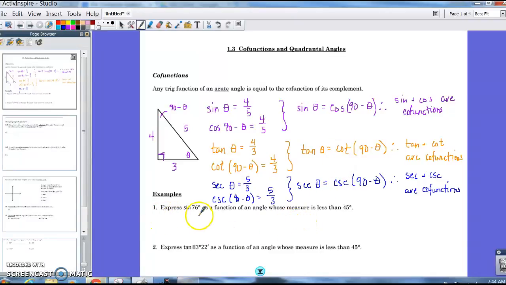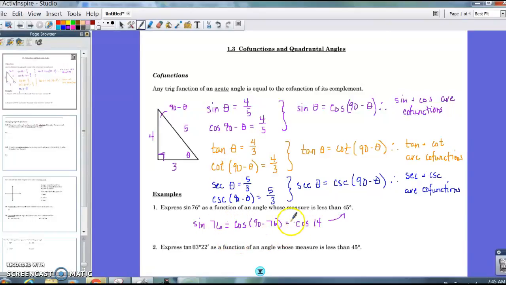It says, express the sine of 76 as a function of an angle whose measure is less than 45. Because I know that cofunctions are equal to each other, I know that the sine of 76 is going to equal the cosine of 90 minus 76, which gives me the cosine of 14, and that gets me my angle less than 45 degrees.